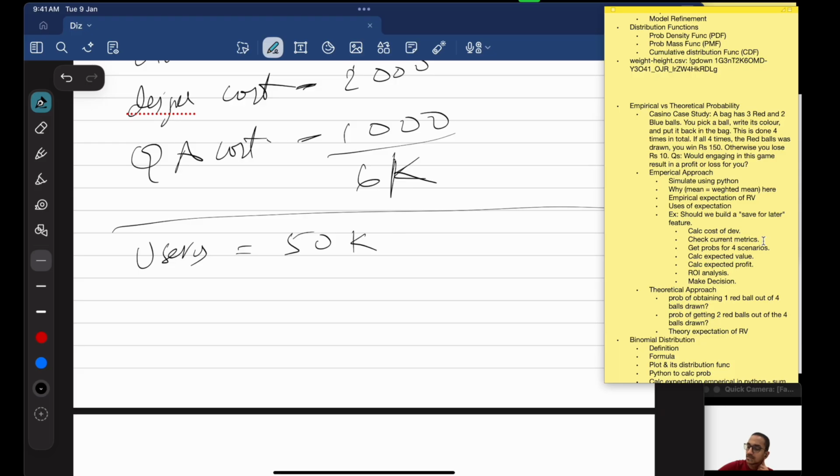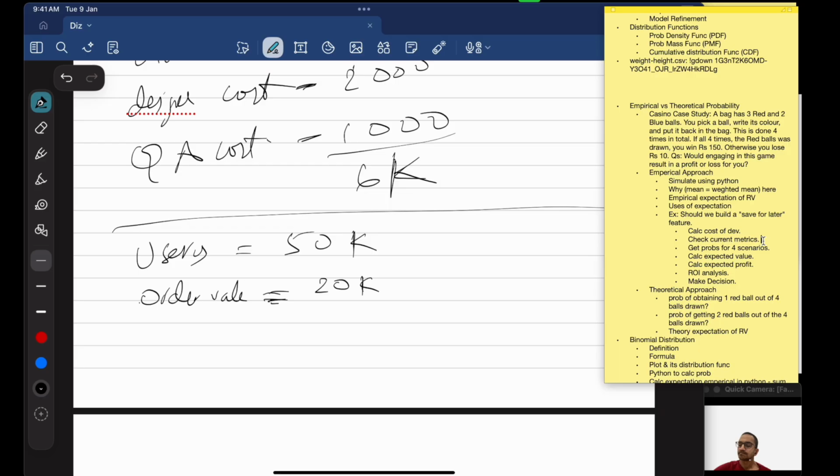I don't want to make the numbers big anyway. So they have around 50K users, and their order value is around, let's say, around 20K order value, right?